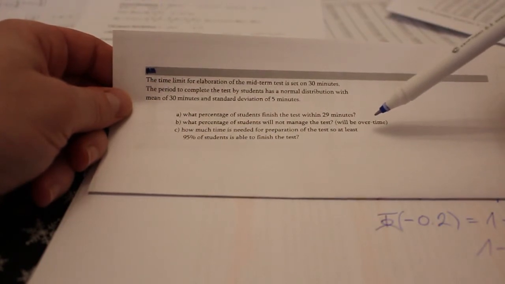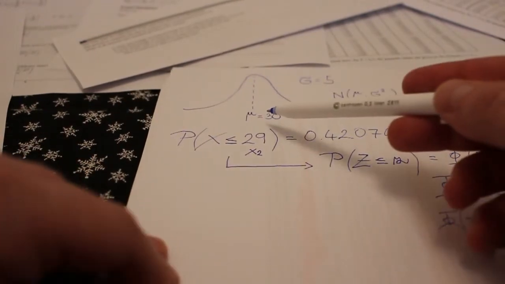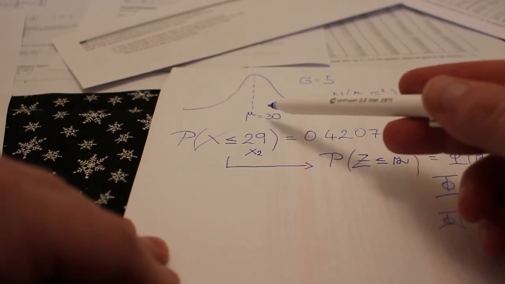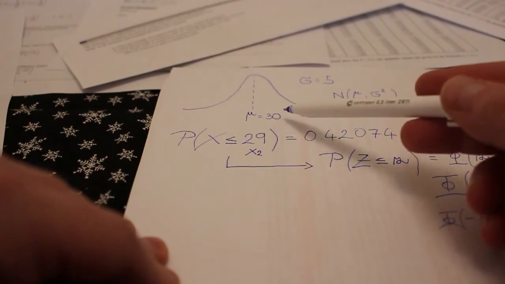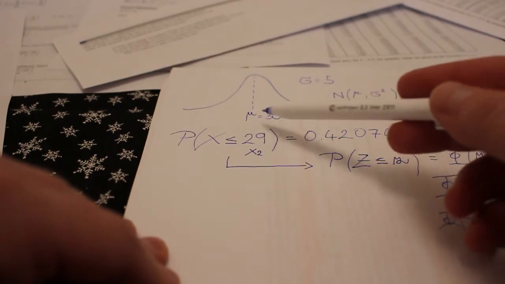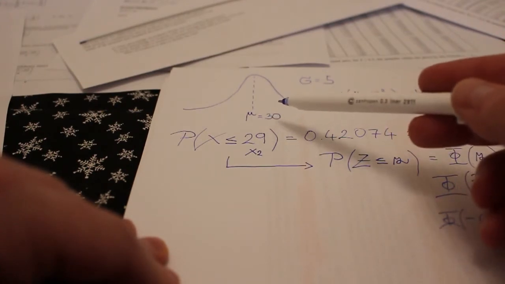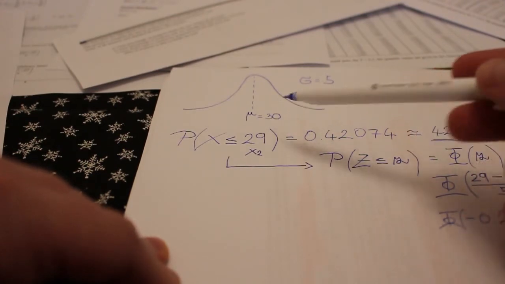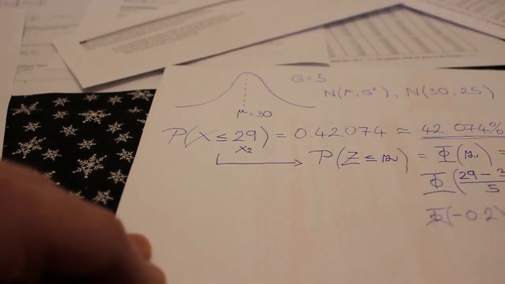What does it mean to be overtime? To be overtime means that you will need for the test writing, for example, 30 minutes and 10 seconds, 31 minutes, 35 minutes, 40 minutes, 50 minutes, 1 hour, 2 hours, 3 hours, 5 hours, 1 day, hungry, thirsty, in the classroom, etc. We don't know where is the end.